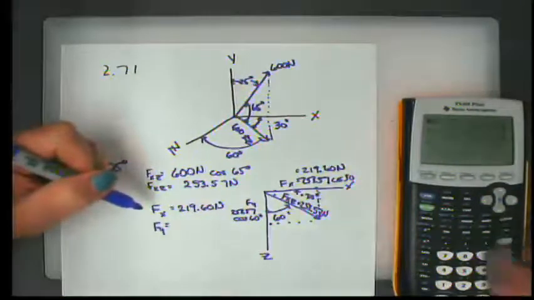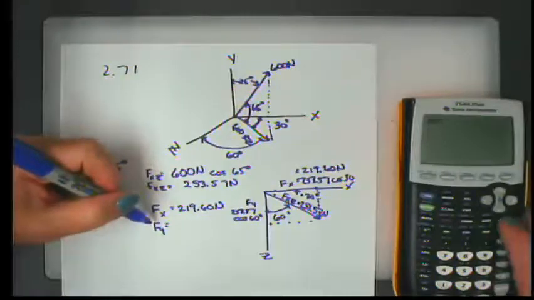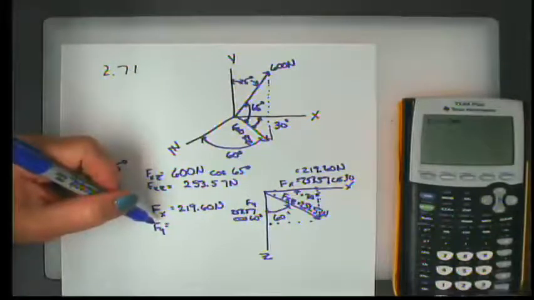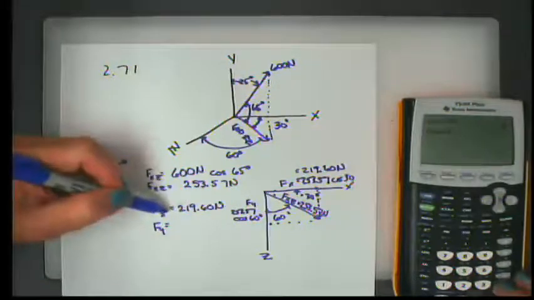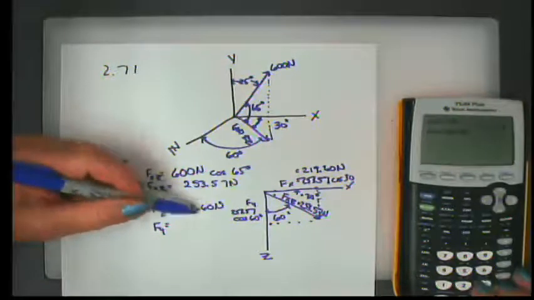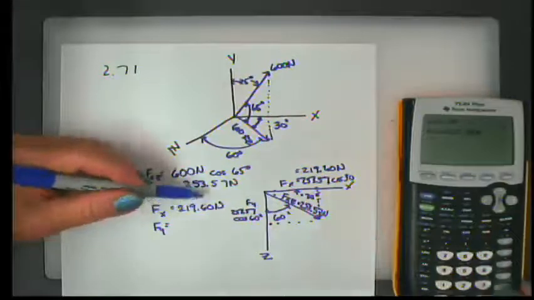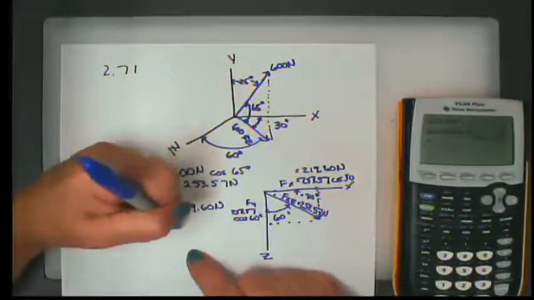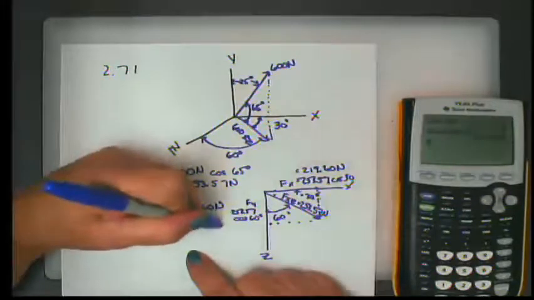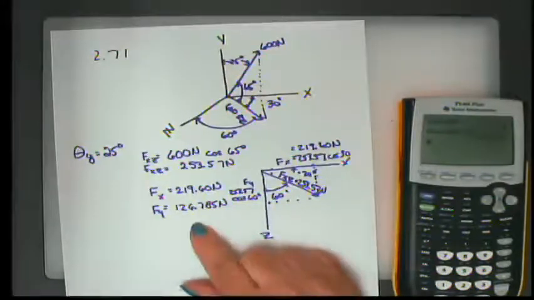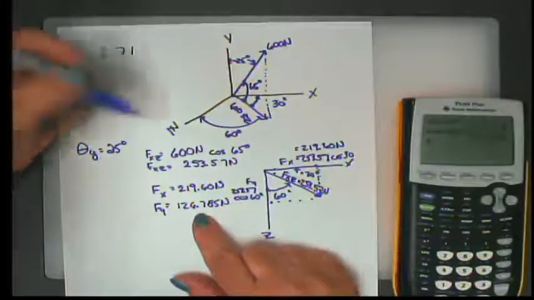So if I do those numbers, I get cosine 60 times 253.57, and that component is 126.785 newtons.